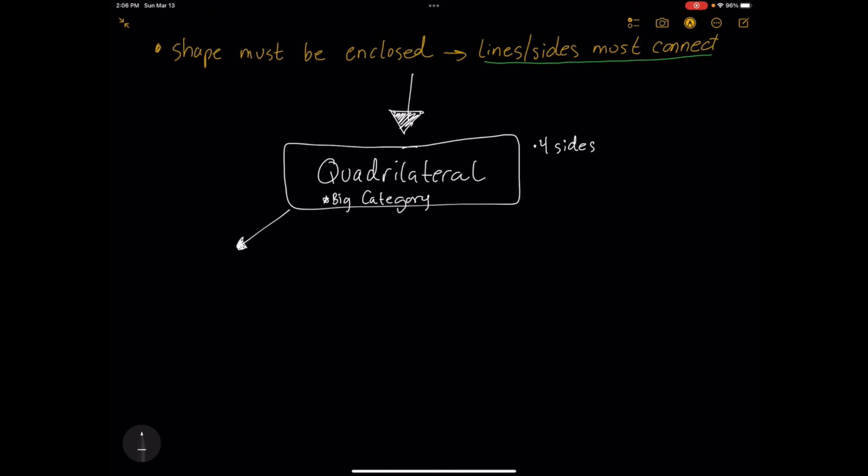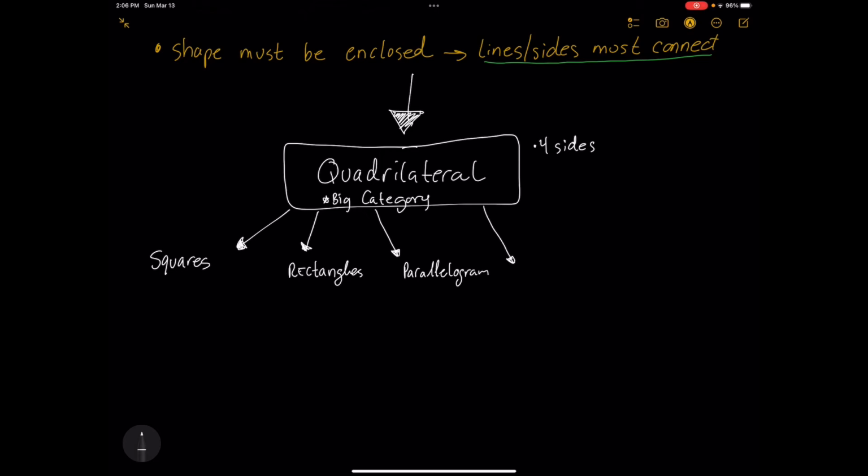Within quadrilaterals, there are squares, there are rectangles, there are what we call parallelograms, okay?